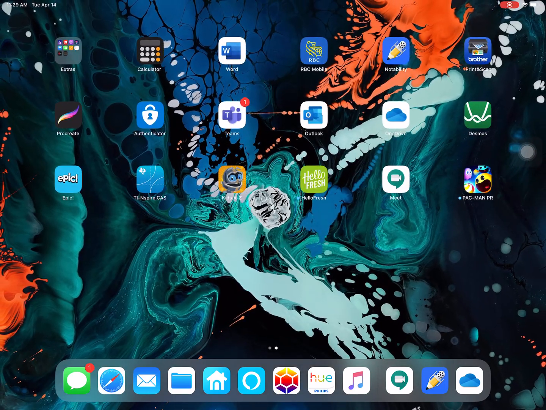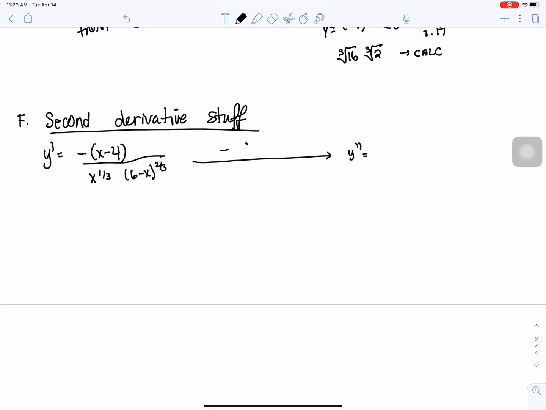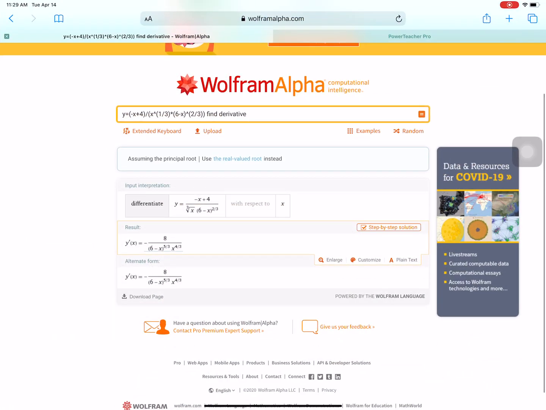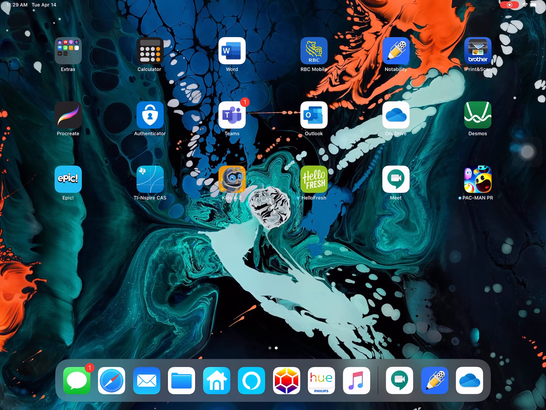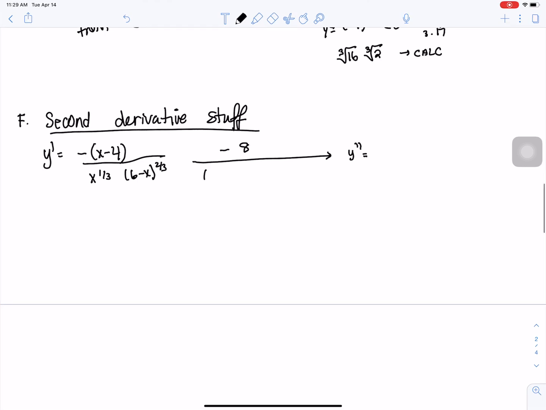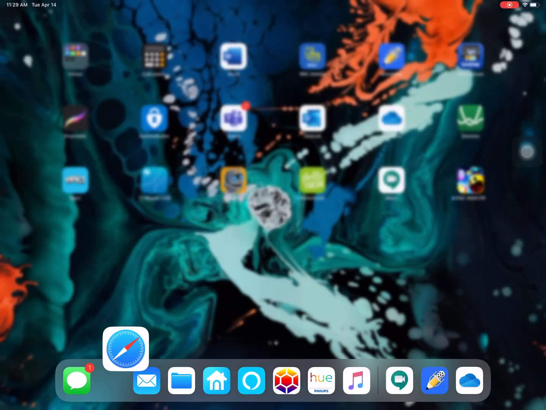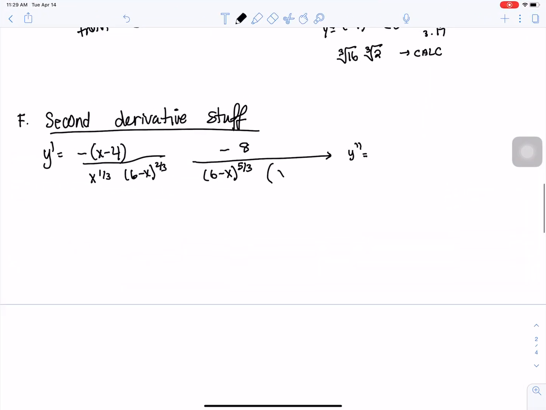So let's go back in. So this will be negative 8 over 6 minus x to the 5/3, x to the 4/3. Okay, I'm just going to quickly scribble that down.